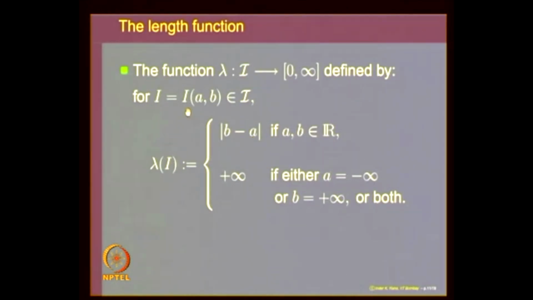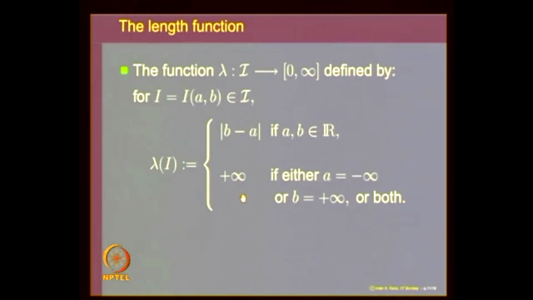That means if the interval I is a finite interval with endpoints a and b, then its length is b minus a. And we define it to be plus infinity in case either the left endpoint a is minus infinity or the right endpoint b is plus infinity, or both. So the length of I for an unbounded interval is defined as plus infinity.